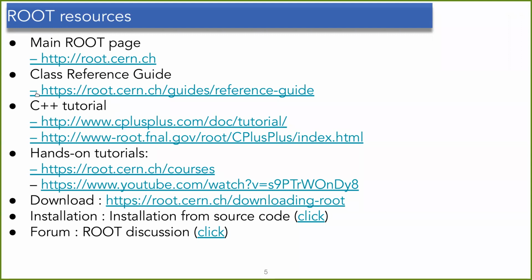ROOT is a framework written in the C++ language, and for a C++ tutorial one can look here, and for some hands-on tutorials one can look here. The ROOT version can be downloaded from this link and installed, and for discussion and queries, one can also post their queries in the ROOT forum.